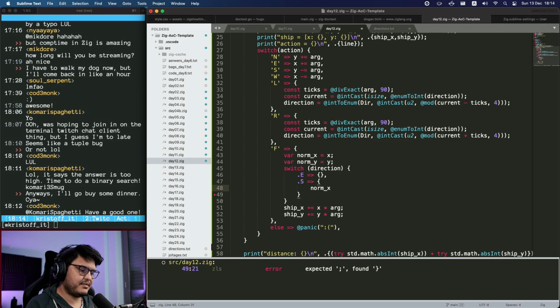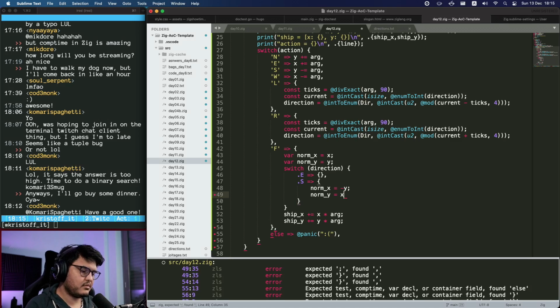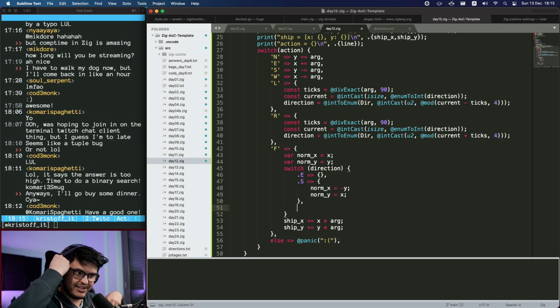That norm x is minus y, while norm y is x. I'm very bad at explaining why I'm doing this transformation, but it's vectors that are changing. I don't know how to explain it.